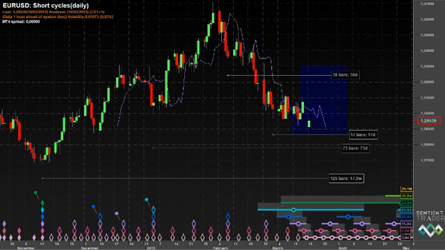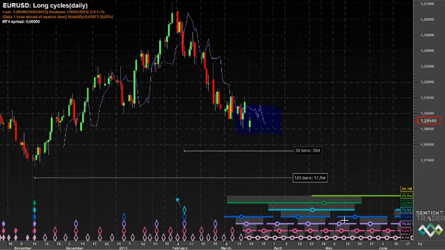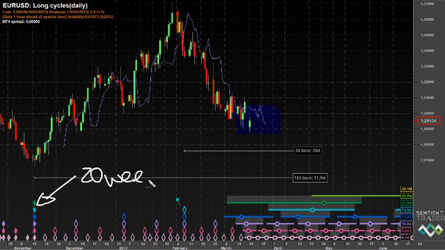Let's take a look at the other possible analysis, which I've been calling the long cycle analysis, which stretches out these cycles a little bit. And here, as you can see, I have the 20-week cycle trough in the middle of November. That trough is common between the two analyses.